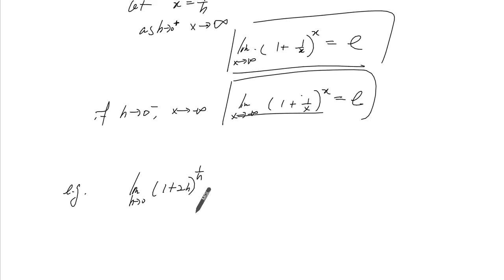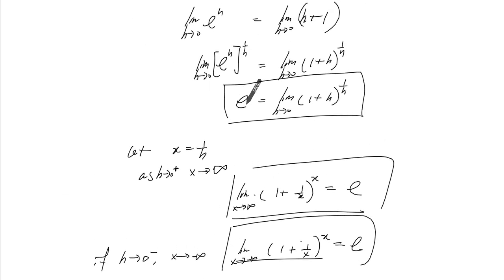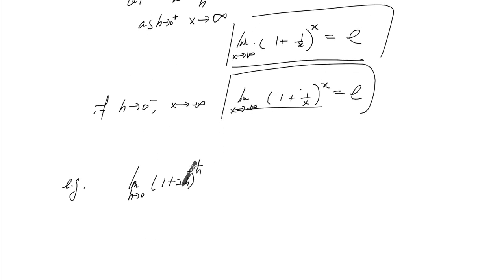How would that change the limit? So if it was h and 1 over h, it would be e, but it's 2h. The important part is both this term here and this denominator are approaching 0 at the same rate. So if this is approaching at the rate of 2h, this also has to approach at 2h.